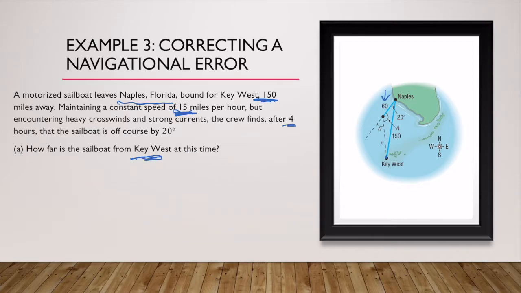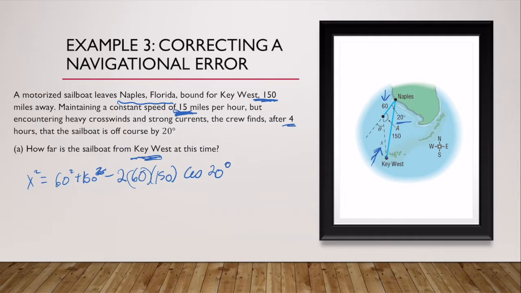We're trying to find this length, x. I know that length is going to be the two remaining sides squared, minus 2 times 60 times 150 cosine of their interior angle, which is 20 degrees.